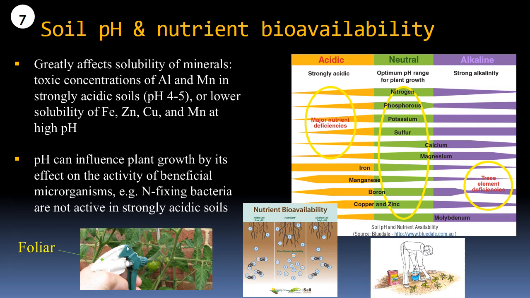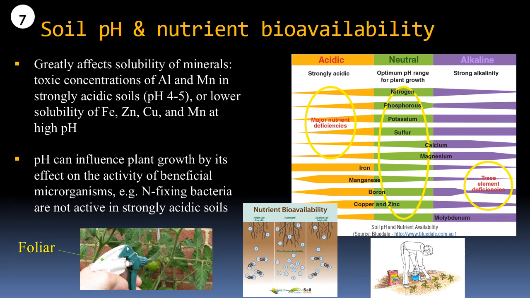So what happens with the pH is that usually the macronutrients tend to be bioavailable at a higher pH. So in the condition of Omani soil, which is a basic soil with a higher pH, we don't have any problem with the macronutrients. They are bioavailable. It means they can be absorbed by plants.